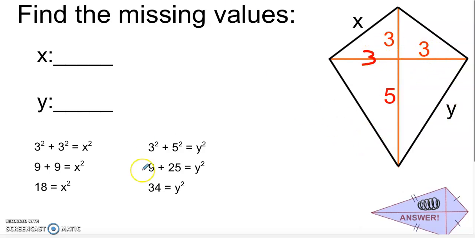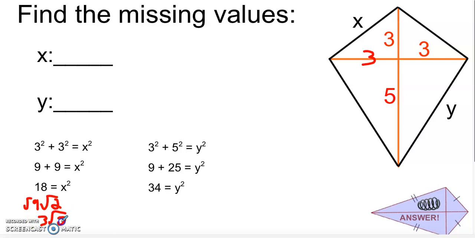So 3 squared and 3 squared. Hopefully you recognize that this is one of the world famous 45, 45, 90 triangle roadmap triangles. So the perfect square that goes into 18 is 9, and 2 is what's left. So this is 3 square root of 2.